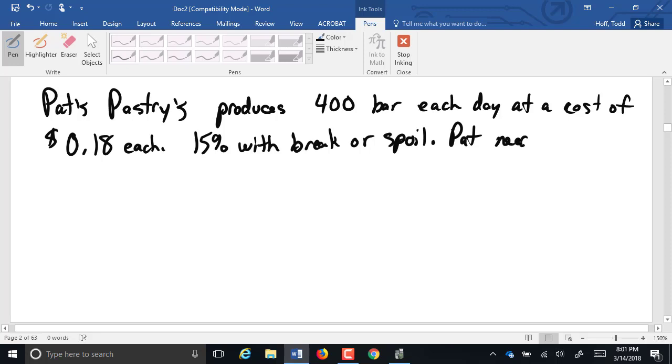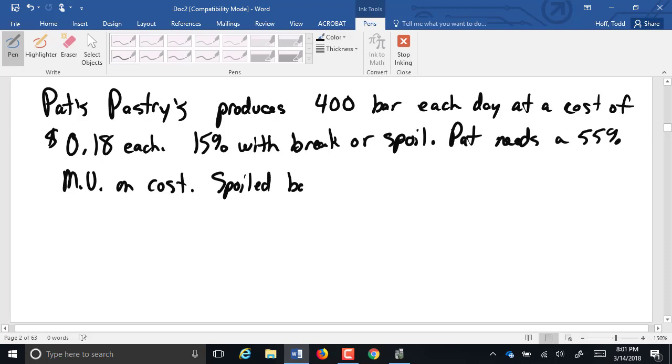Pat needs a 55% abbreviation markup on cost. Spoiled bars are sold at 20 cents each.